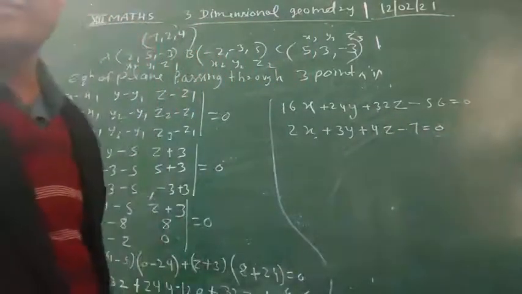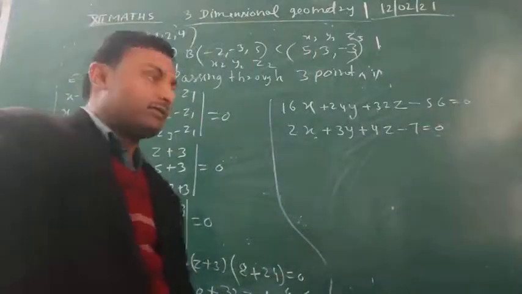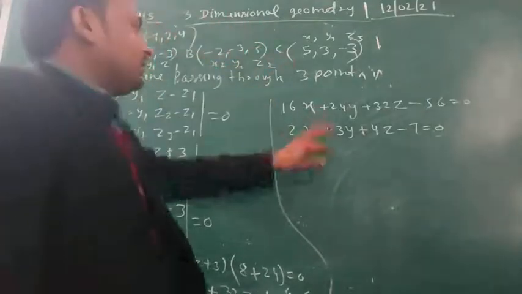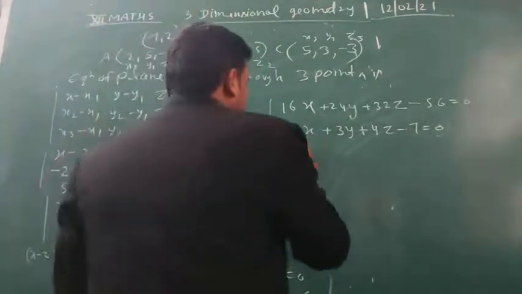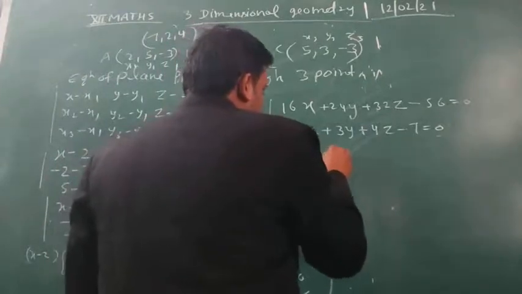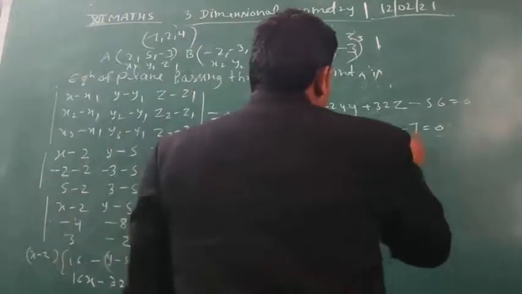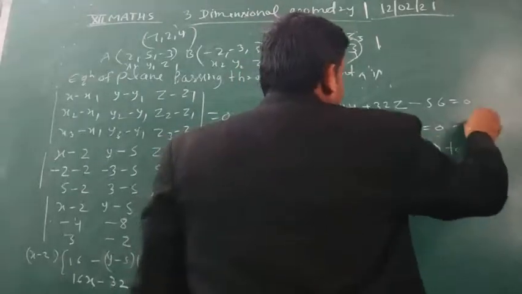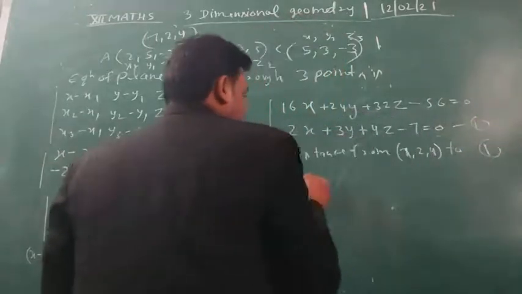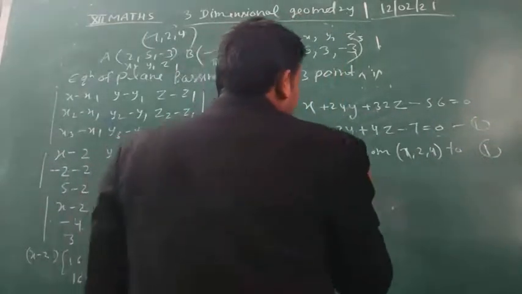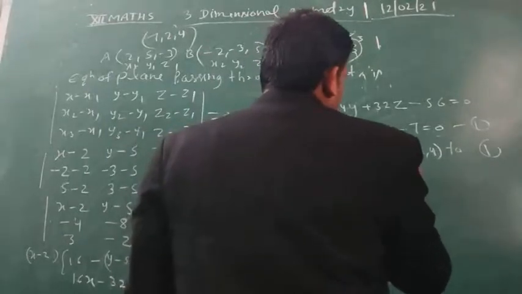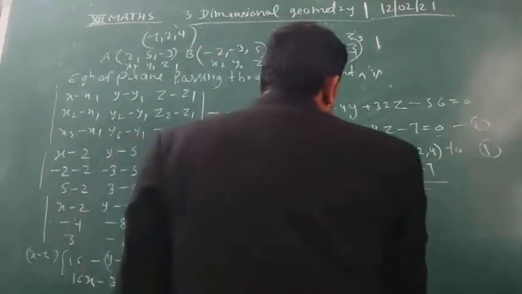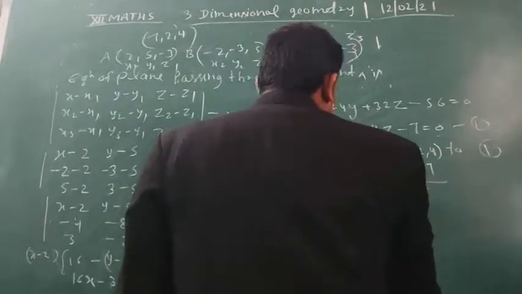And students, now what we have to do in this question, we have to find the perpendicular distance from this point to this plane. So we write the distance from the point 7, 3, 4 to the plane is |Ax1 plus By1 plus Cz1 plus D| upon root of (A squared plus B squared plus C squared). So we write 2 into 7 plus 3 into 3 plus 4 into 4 minus 7, by under root 4 plus 9 plus 16.